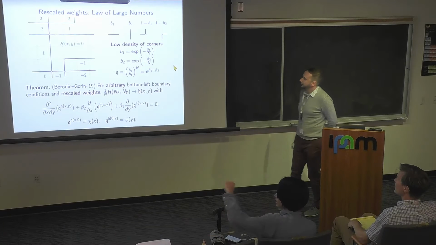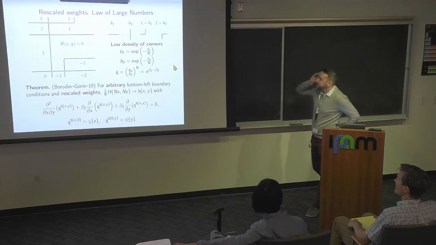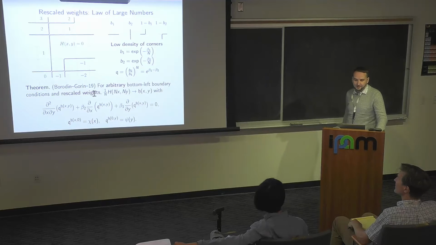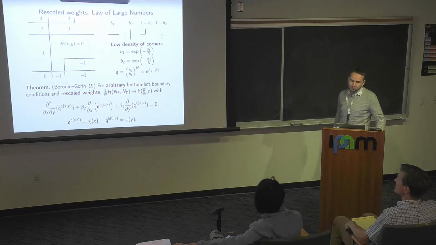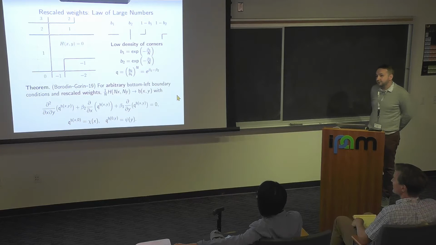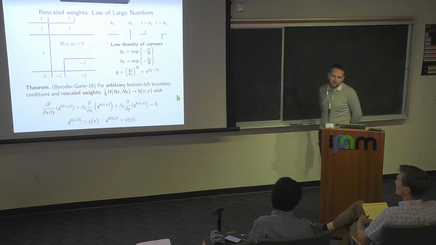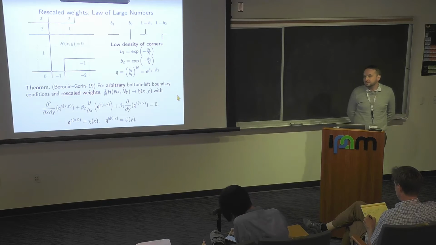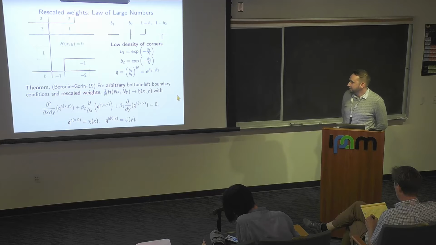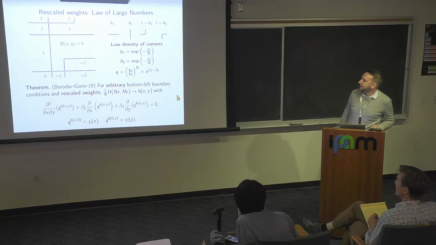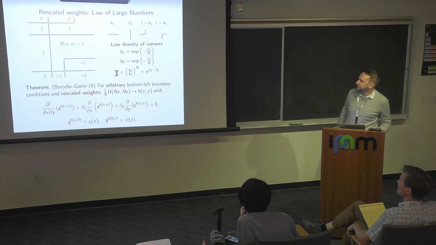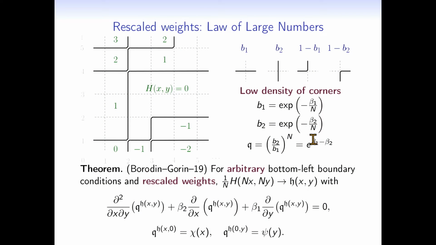So if the corners are rare and you analyze this model, then it turns out that if you look at the rescaled height function, 1 over n times h of n x, n y, then this random height function converges to a deterministic height function, called small h here. And this deterministic height function in this situation can be found by solution of a certain partial differential equation. Now the partial differential equation itself is best spelled not in terms of h, but in terms of q to the h, where q is a constant which governs the speeds, beta 1, beta 2, how these things change.